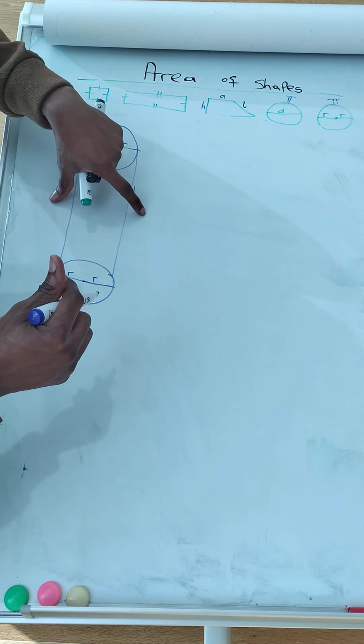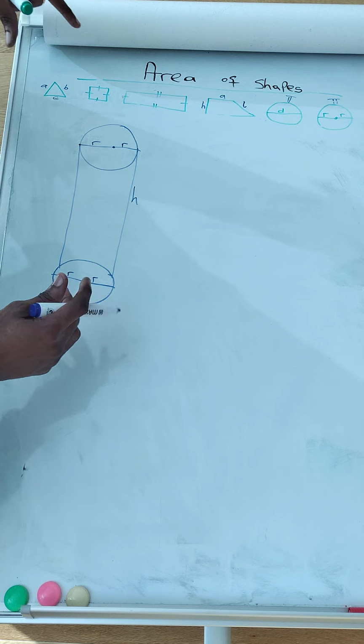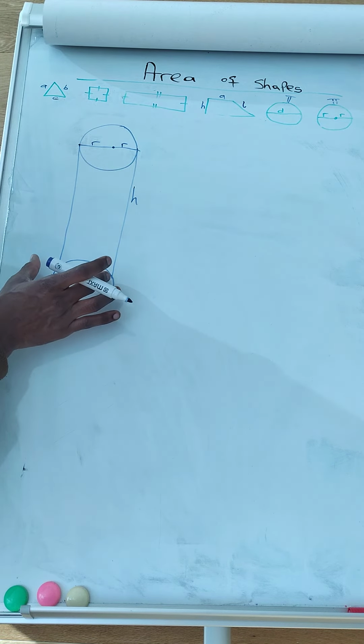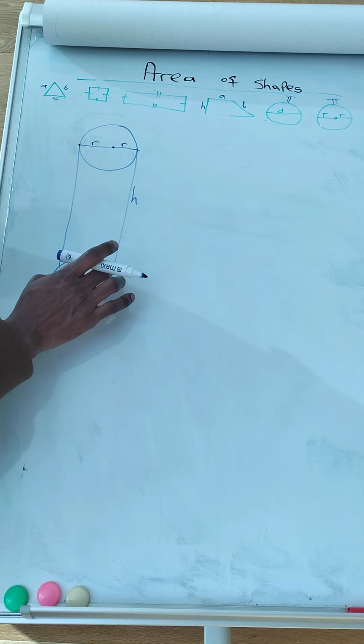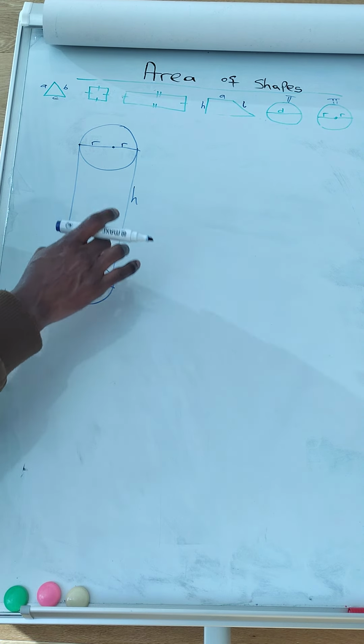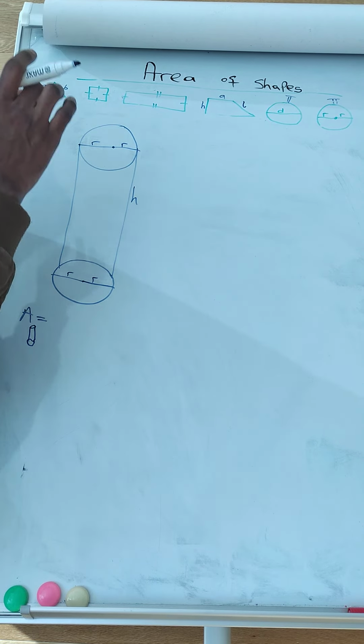Though this is not actually a rectangle, it looks like a rectangle because if you look at the lower parts of it, there is still a curve. This curve is still part of this shape. Don't forget.